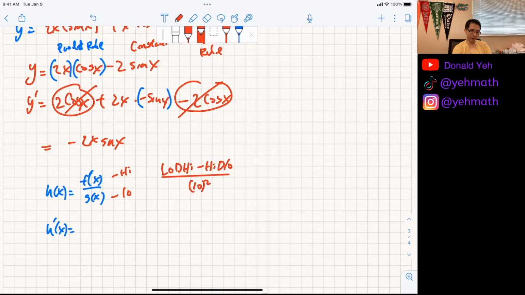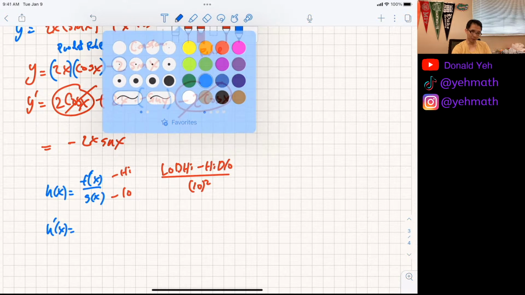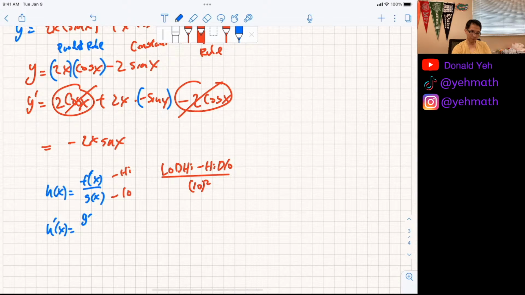So I'm going to show you how to do it. If I take the derivative of this, it's going to be low d high minus high d low over low low.